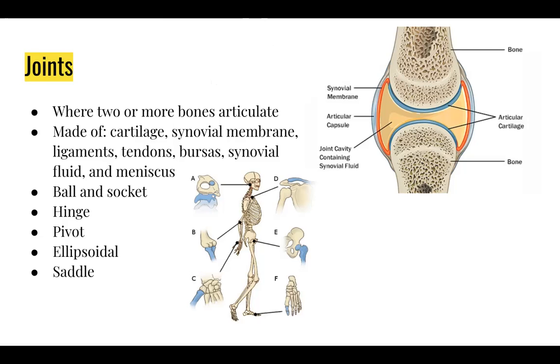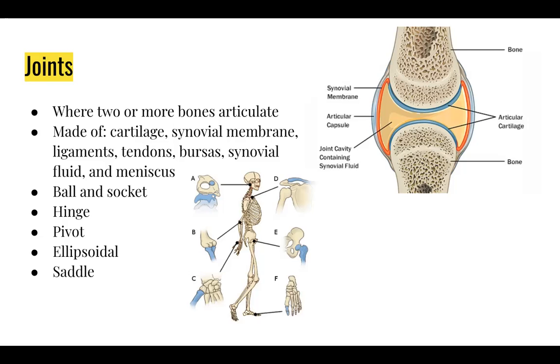For your wrist, it is the ellipsoidal joint, and you can move it all around whatever way you want, except for pivotal movement.